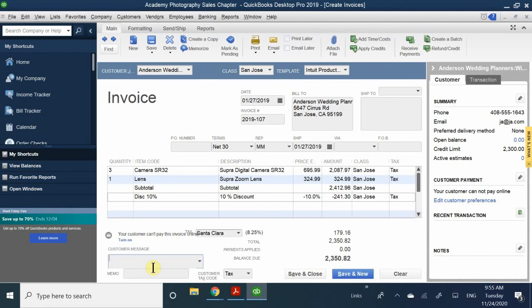If the cameras only have a sale today, then yes, you can apply the discount right under the camera, and then do the lens, and it won't count the lens. So yes, you can do it that way as well, if you're only applying a discount for just that item.